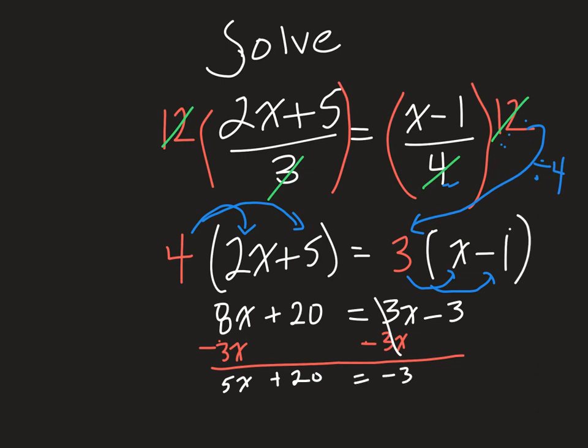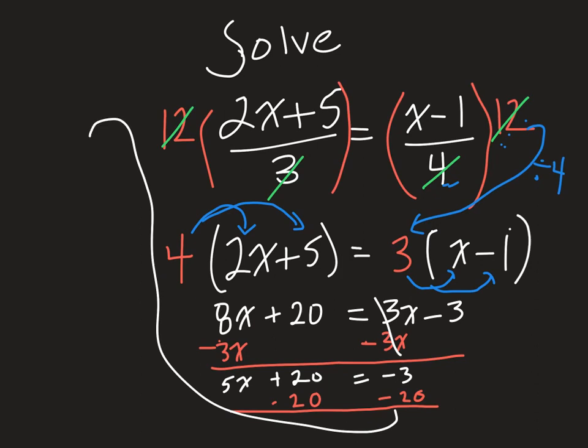I will subtract 20 from this side and also subtract 20 from this side. I'm going to run out of room, so I'll just move it up a little bit. After my positive 20 is subtracted, minus 20, that leaves me with 0.